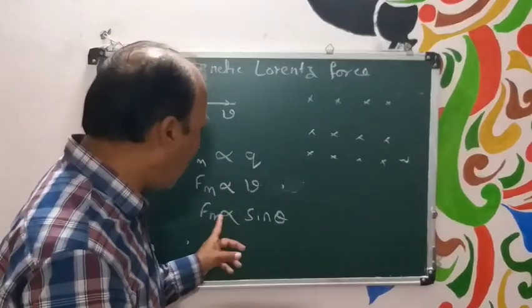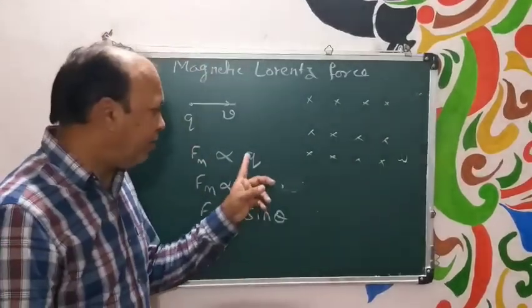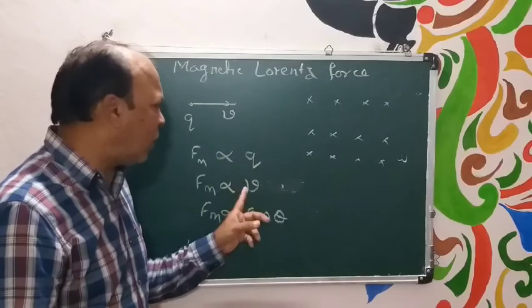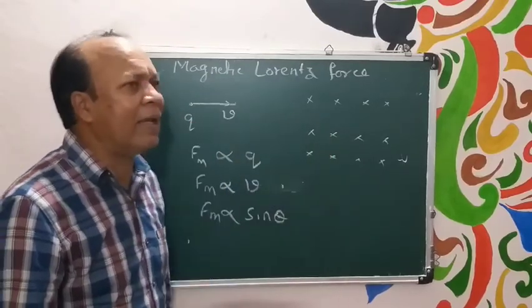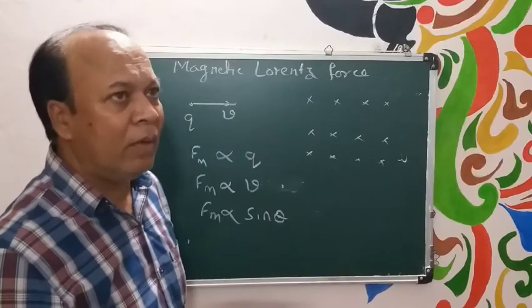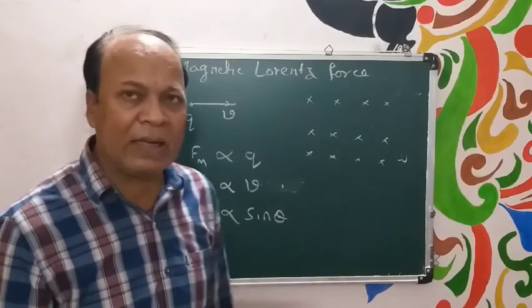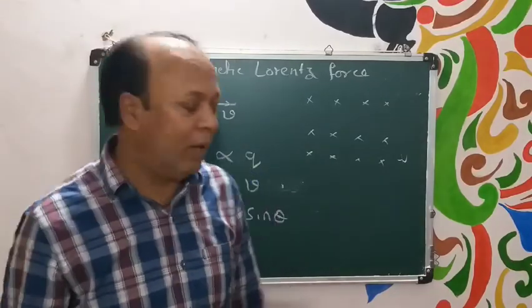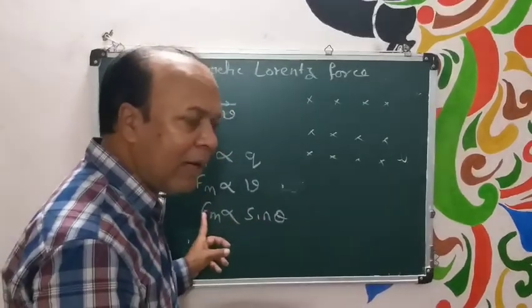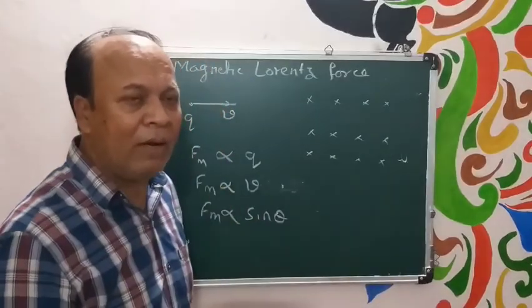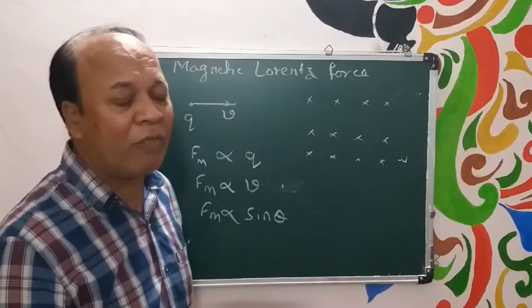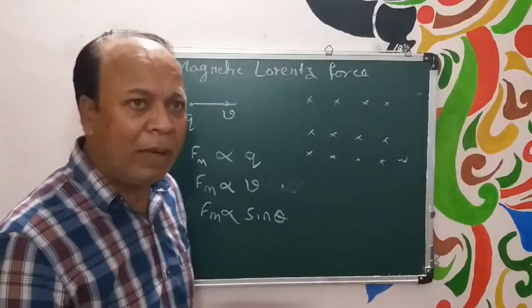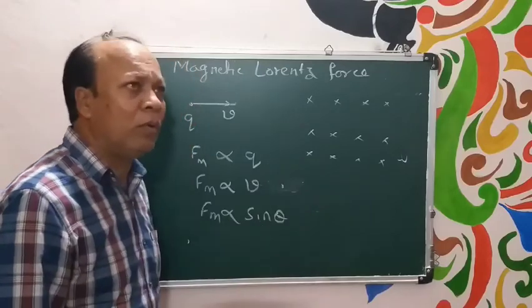Experimentally it is observed that when the velocity is in the direction of the magnetic field, the magnetic force is 0. And when V is perpendicular to the magnetic field, the force is maximum. So sin theta is introduced.